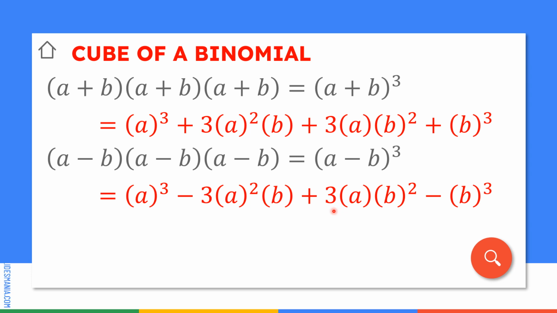Again, we are going to write 3. This is constant again. And then you copy the first term, followed by the square of the second term. And then lastly, we are going to plus or minus b cubed. Take note of this. You may take a screenshot of this. Okay, let's proceed with our example.